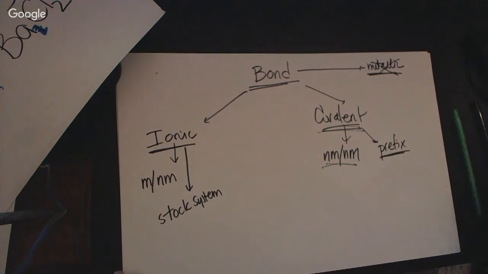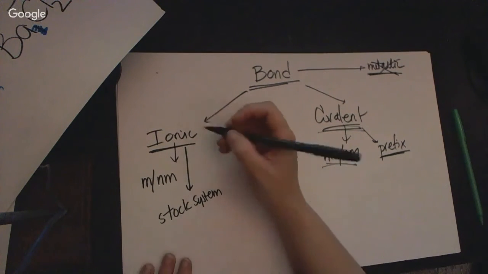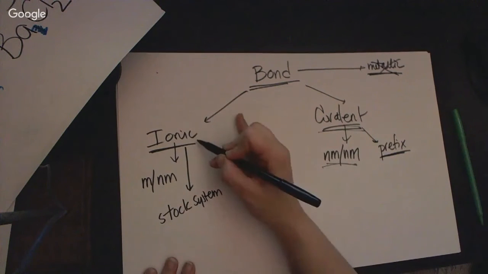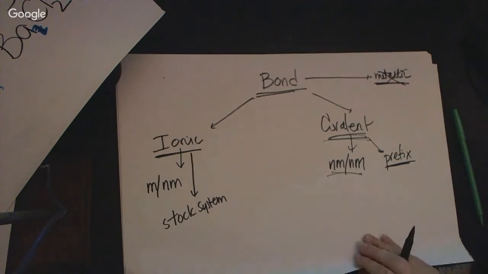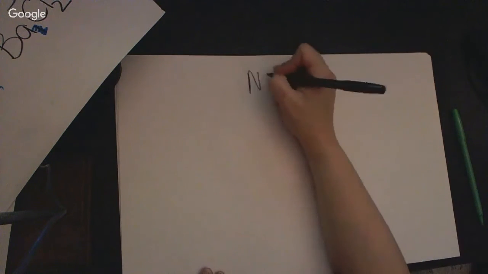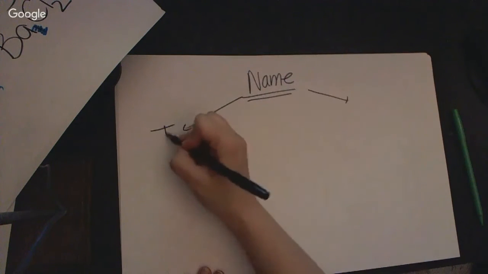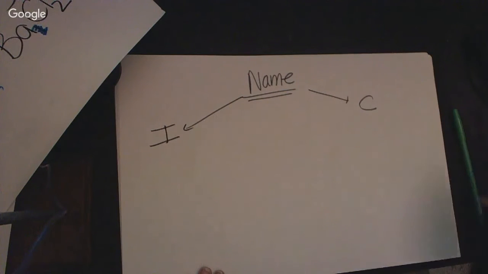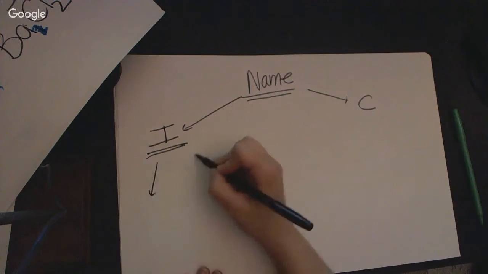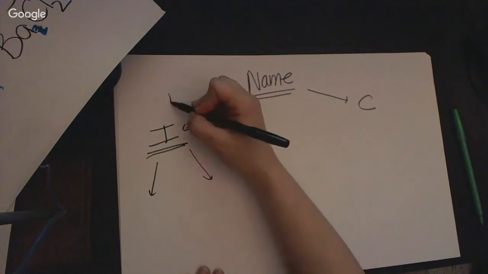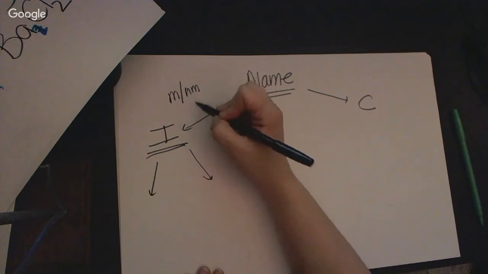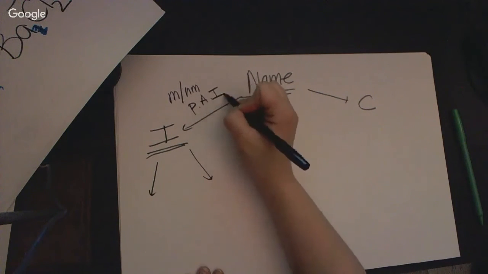Okay, when you name something, the first thing you need to do is decide, is it ionic or is it covalent? Now, if it is ionic, you are looking for a metal and a nonmetal or some sort of polyatomic ion in here.